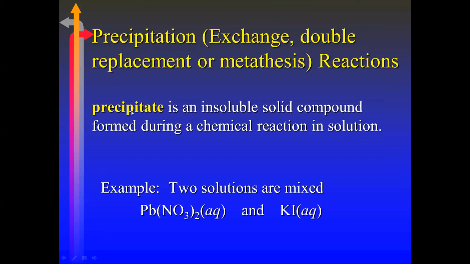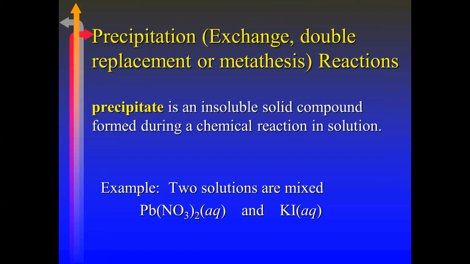In other words, the precipitate is a kind of insoluble compound formed from a chemical reaction in solution. When this type of thing takes place, we call that reaction a precipitation reaction. Some people also call it exchange or double replacement. I will show you why it gets so many names in the next slide.